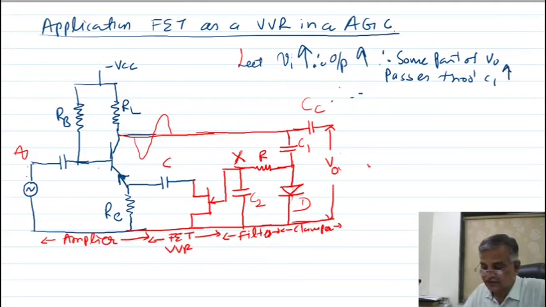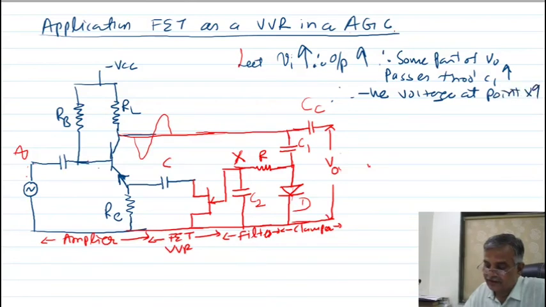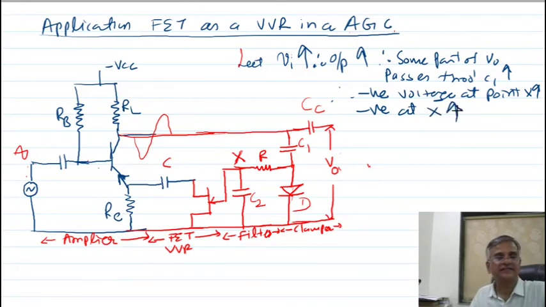As a result, the negative voltage at point X increases. Look again: the input voltage increases, the output voltage increases, some part of the output voltage passing to C1 increases. After clamping and filtering, the negative voltage at X will increase.